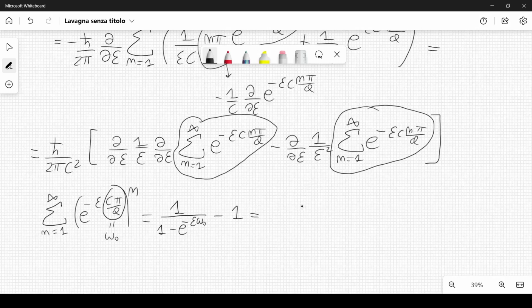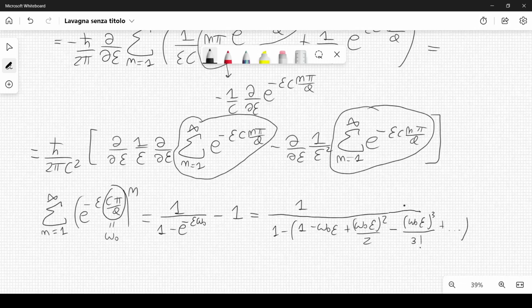Now we can rewrite this as 1 divided by 1 minus. So if we expand this term in a series, we have 1 minus omega 0 epsilon plus omega 0 epsilon squared divided by 2, which would be a 2 factorial. Then we have minus omega 0 epsilon cubed divided by 3 factorial plus dot dot dot. You get the idea. And then we simply subtract 1.